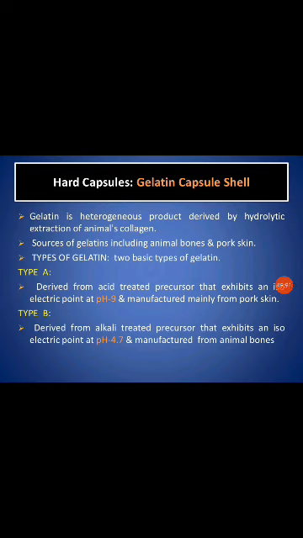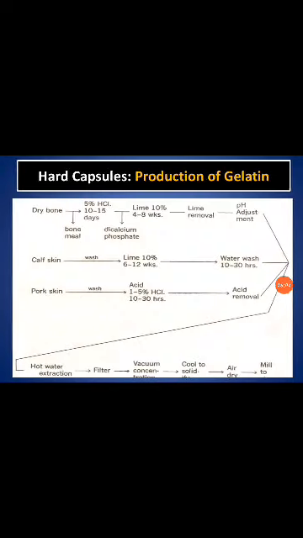Then type B, which is bone derived and also called alkali or base treated, has an isoelectric point of 4.7 to 5.6.